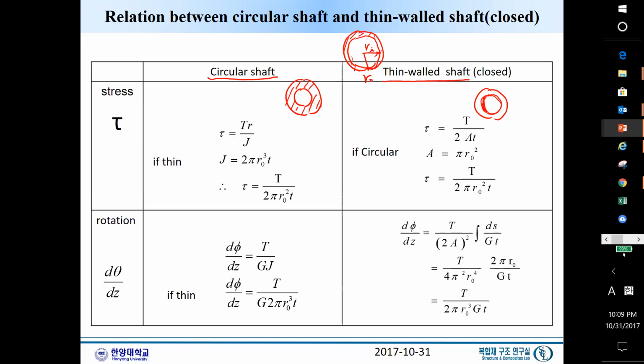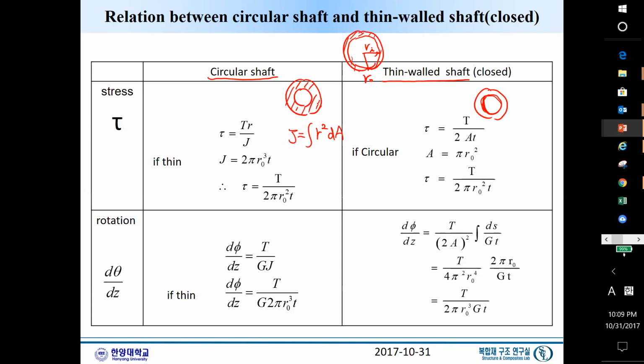For the circular shaft, we know the shear stress is simply torque T times R divided by J. J is defined as the integration of R squared dA.